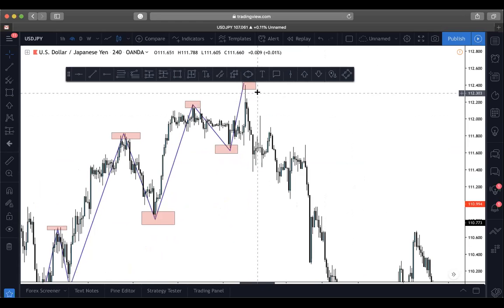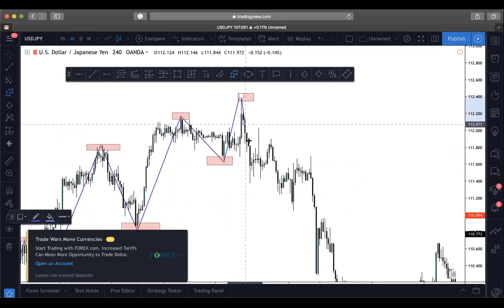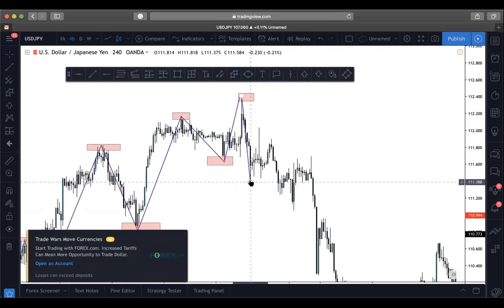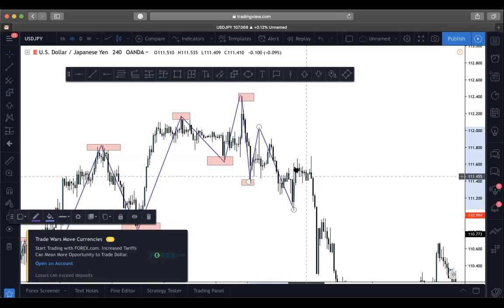So now, if you're in an uptrend, you're expecting this to pull back, not pass this low, and continue up. But instead, the market went lower than the previous low, right? So now this is a lower low. And then the market pulled back, made a lower high, and then it pushed down and made a lower low.